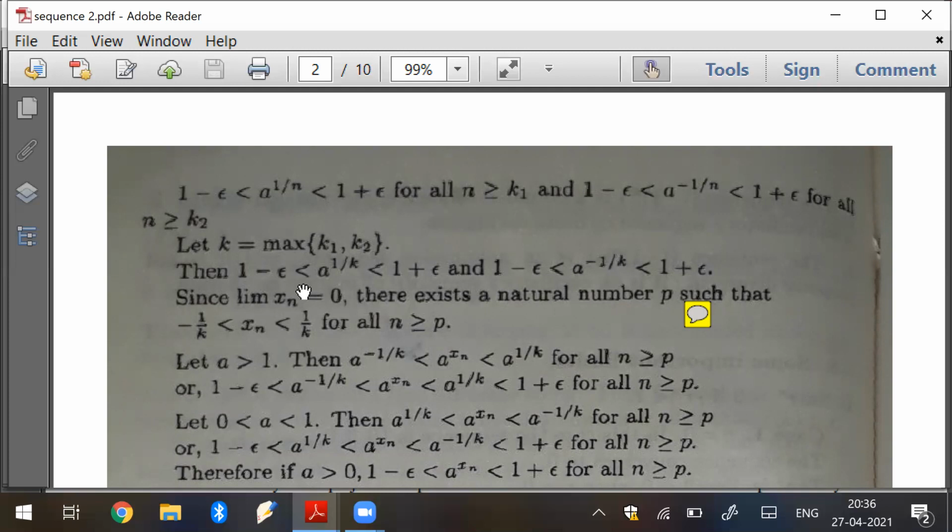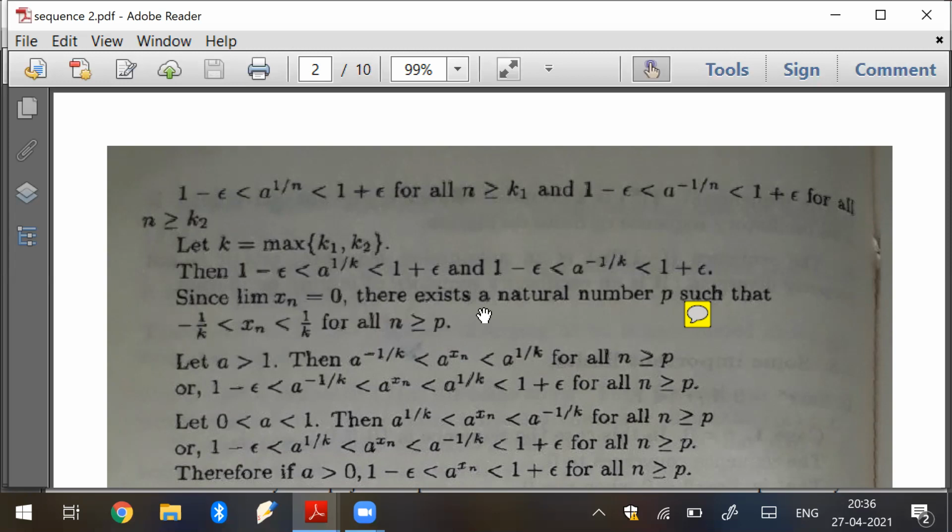So 1 by k is obviously something lying between 0 and 1. So for epsilon equal to 1 by k, since limit n tends to infinity xn equal to 0, definitely we should find some natural number p such that once n is greater than or equal to p, all the sequence elements xn should lie between minus 1 by k to plus 1 by k. So that is holding good here because 0 is the limit.